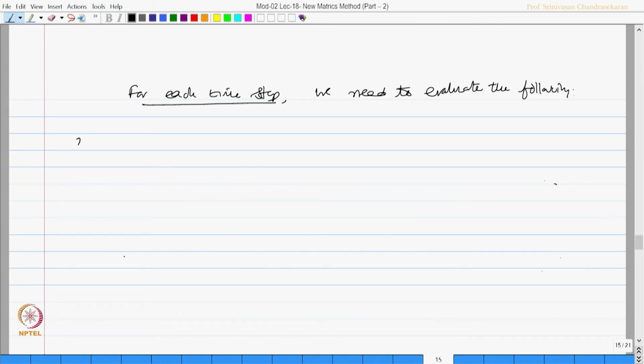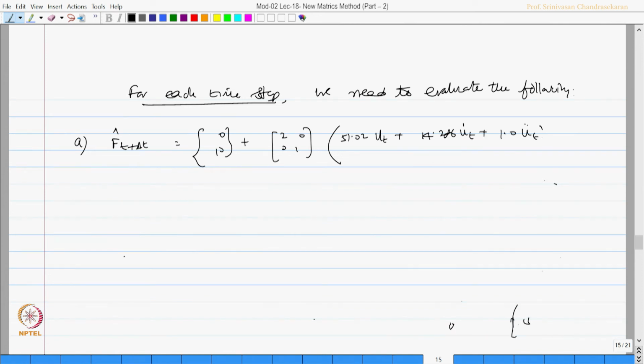We need to calculate f hat at t plus delta t, which is the original f plus m times of 51.02 u t plus 14.286 u dot t plus 1.0 u double dot t.